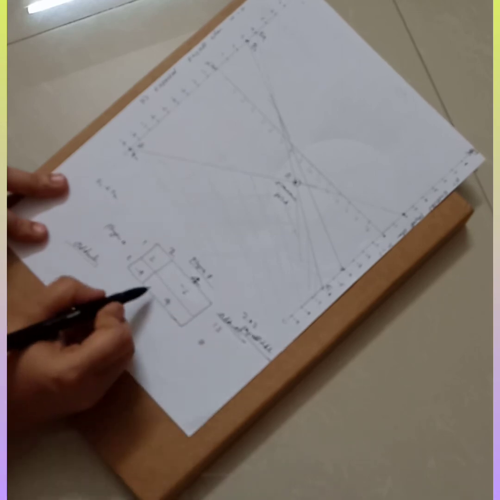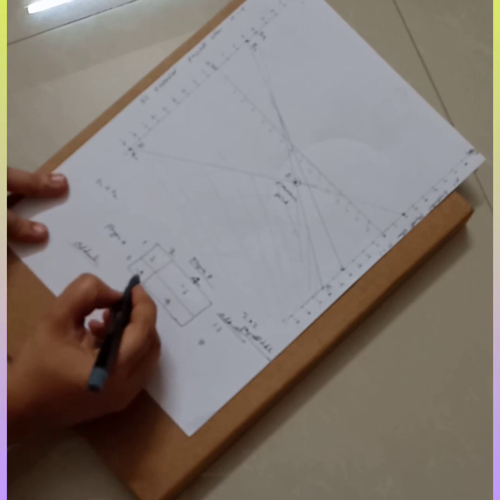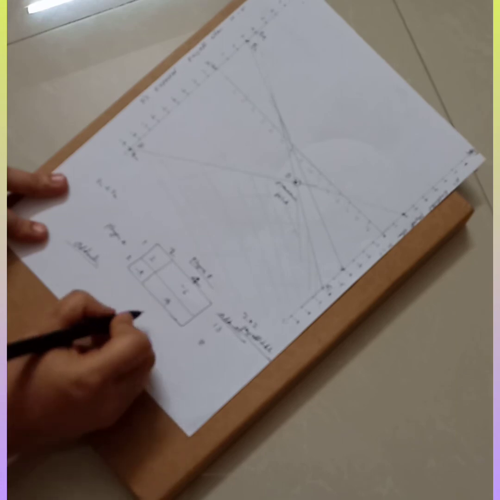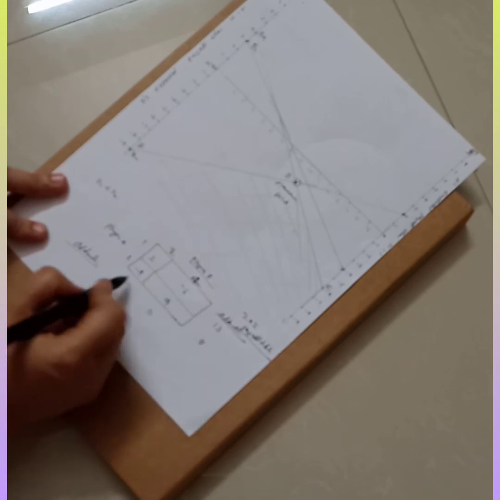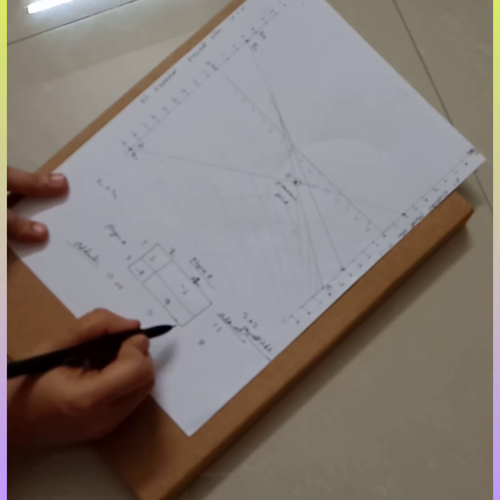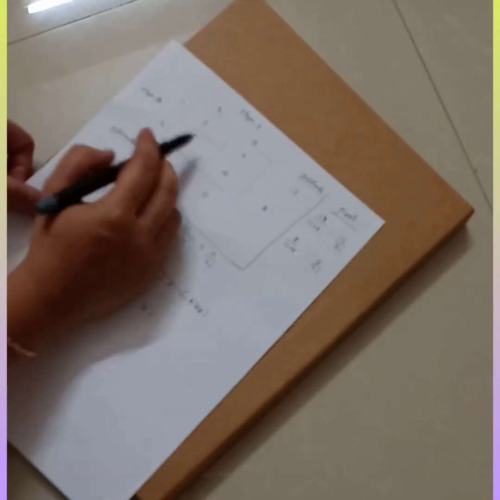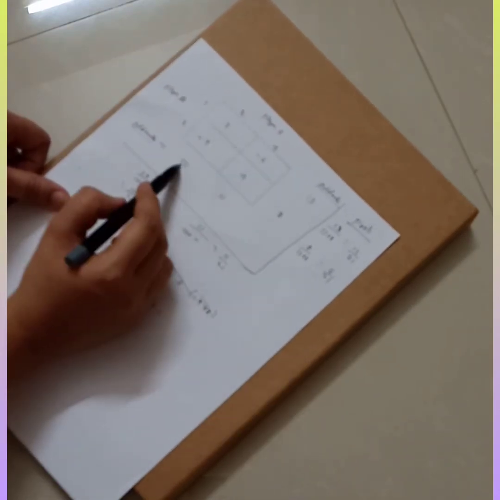For the columns, 2 minus of minus 9 gives 11, which you write here, and 4 minus of minus 6 gives 10, which you write here. So these are the odds: 8, 13, 11 and 10.